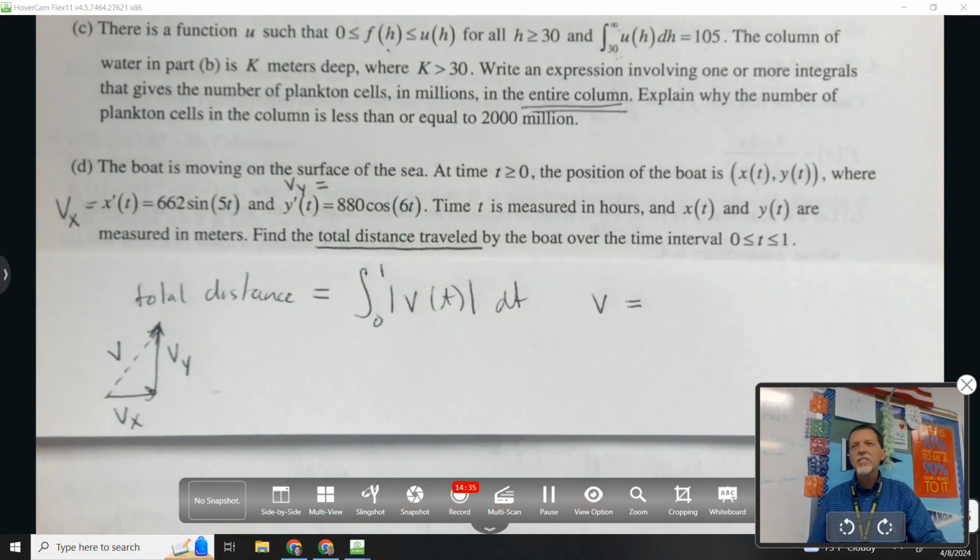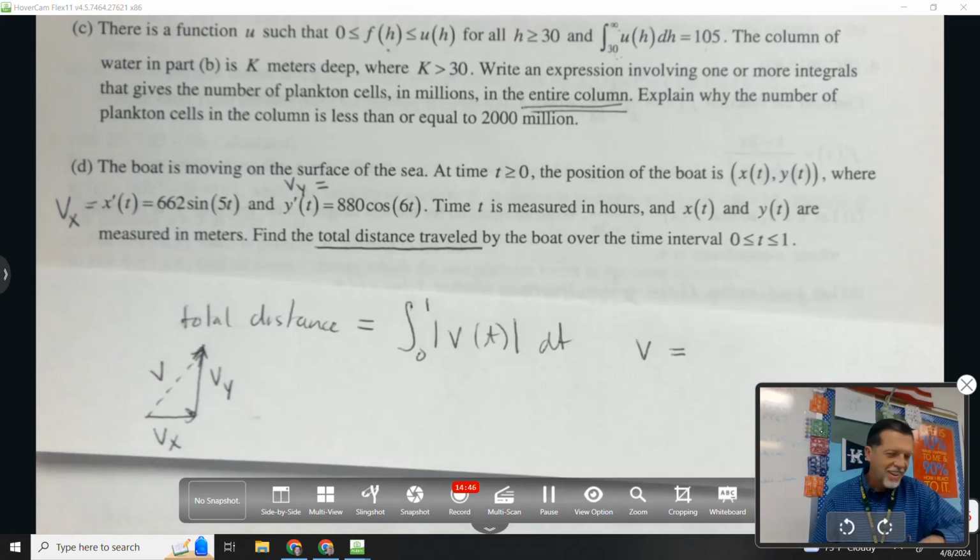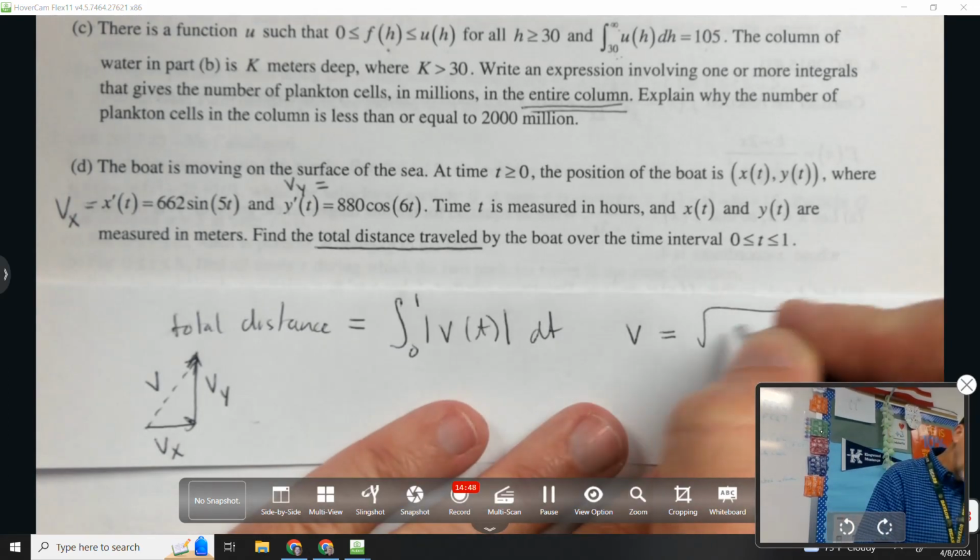Physics all-stars. Physics all-stars, yes? No. A squared plus b squared equals c squared. So v is the square root of vx squared plus vy squared.